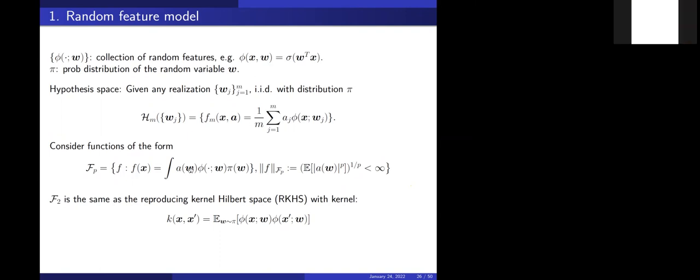If a is not unique, we also need to take an infimum over a. If p is equal to 2, then this space is nothing but the reproducing kernel Hilbert space associated with this particular kernel. From this feature function, we can define this kernel. So random feature models are closely related to kernel methods in machine learning, and F_2 is just the classical reproducing kernel Hilbert space.